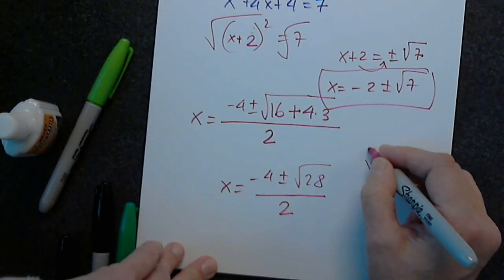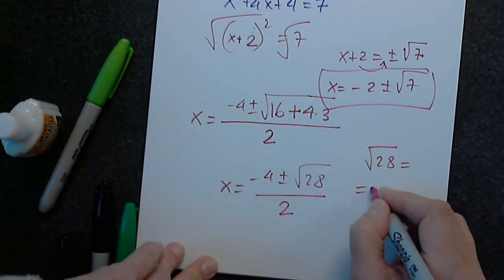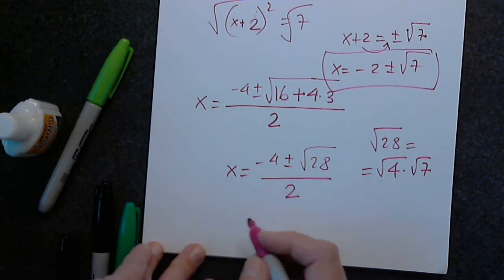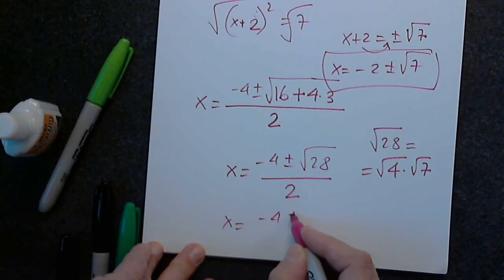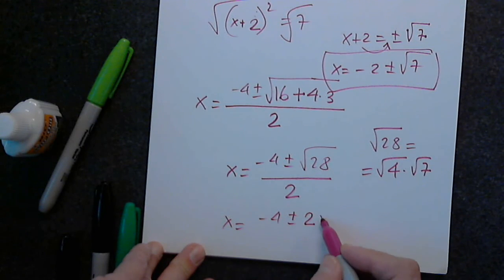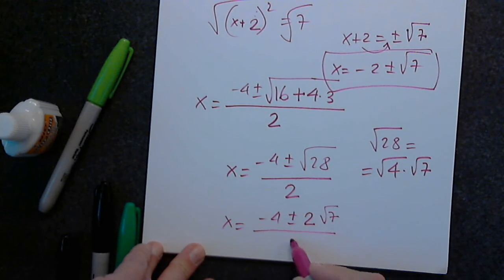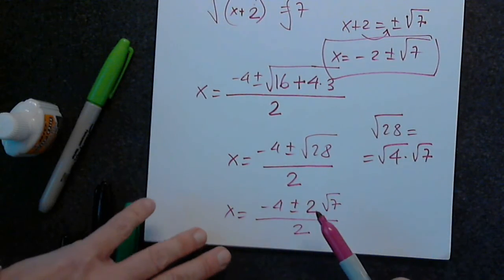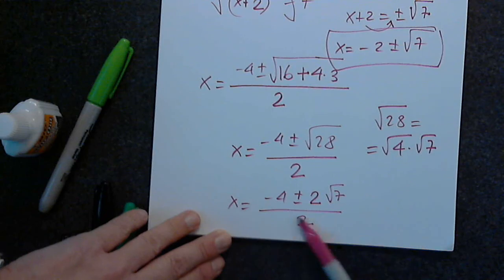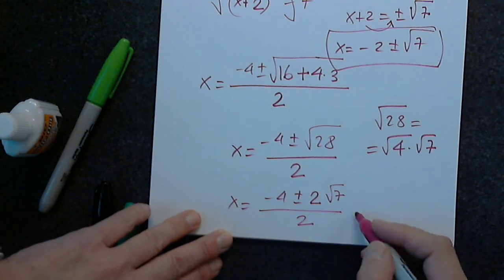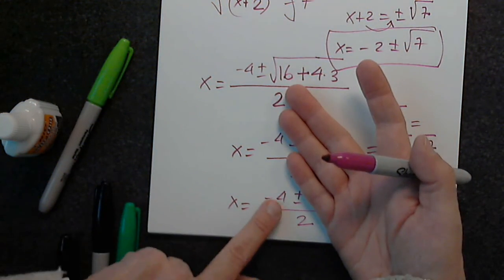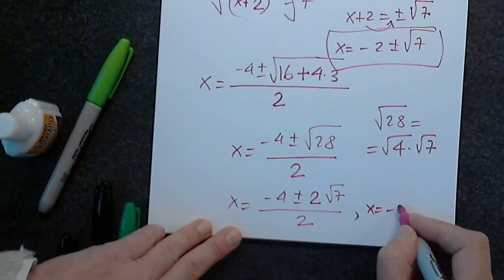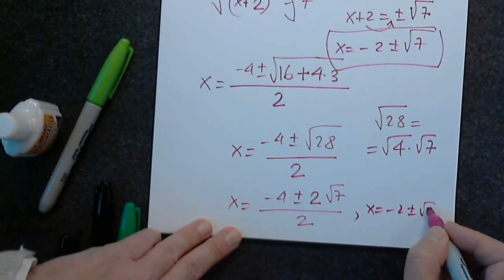But now the square root of 28 has to be changed into the square root of 4 times the square root of 7. So therefore, x becomes negative 4 plus or minus 2 times the square root of 7, divided by 2. You either separate, or as Bob said earlier, factor out a 2 and simplify, whichever you prefer. But when I separate, I get negative 2 plus or minus the square root of 7. So x equals negative 2 plus or minus the square root of 7.